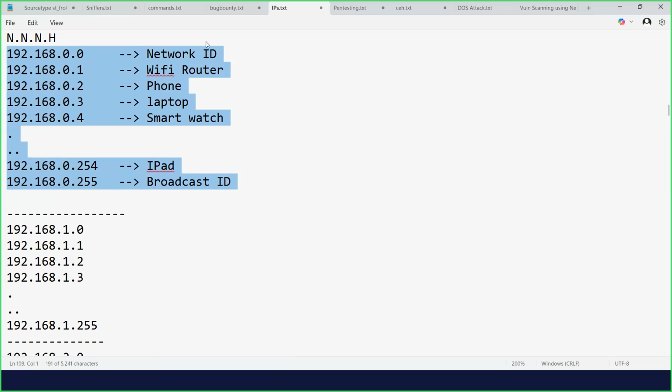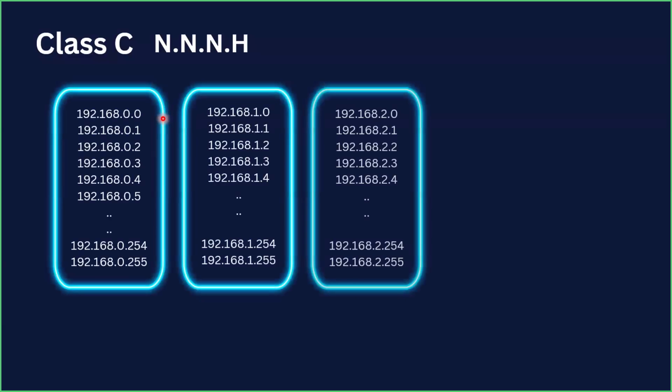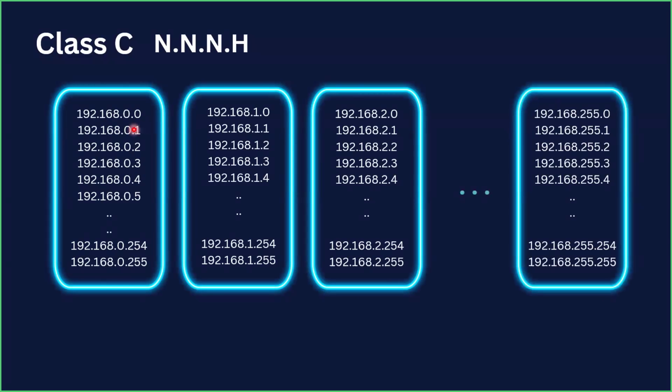So the network portion gives identity for the entire network, and the host portion gives identity for that individual host in that network. In a similar fashion, in each Class C network you can connect only a maximum of 255 IPs, not more than that. Actually it's 256 if you include zero, but we never assign 0 and 255 to any devices, so the only usable IPs are 254.